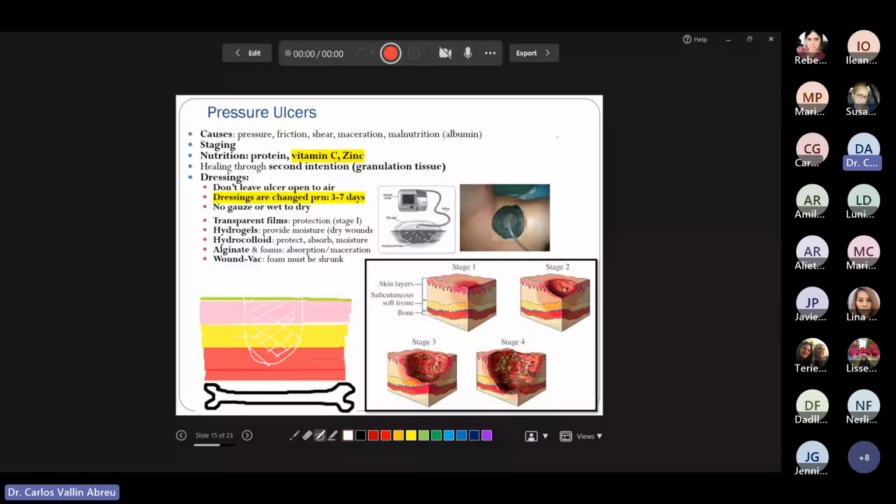So the ulcer needs to be already free of necrotic tissues that prevent you from seeing the bottom. Make sense? Okay. And if you see the ulcer until the bottom, then you can make a staging at the moment of admission.